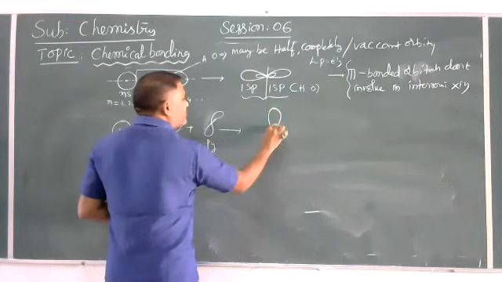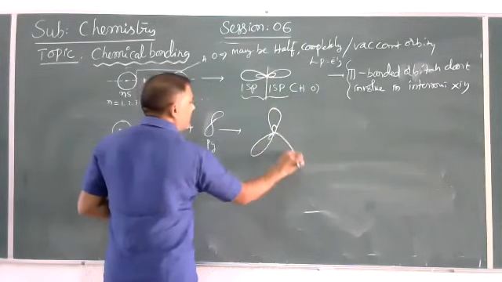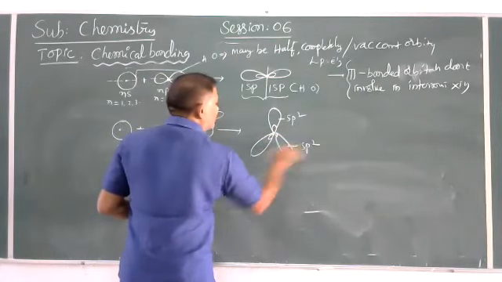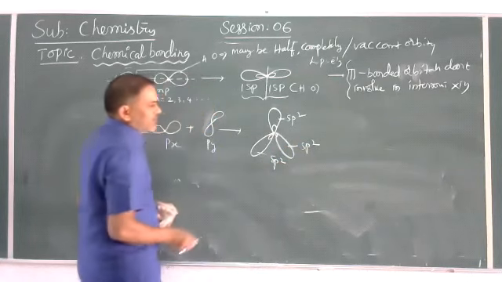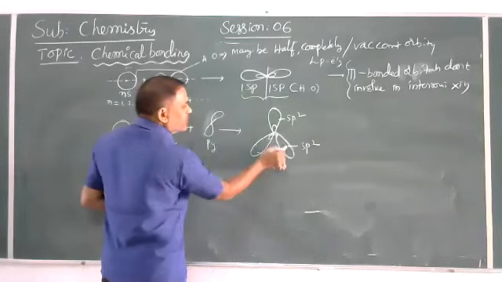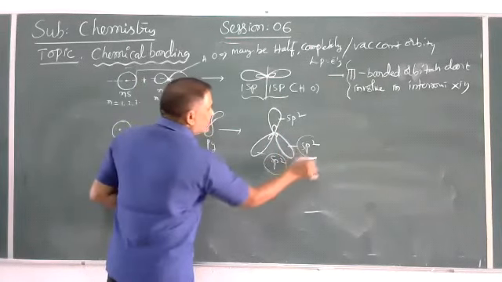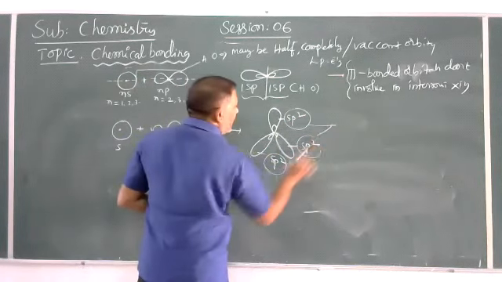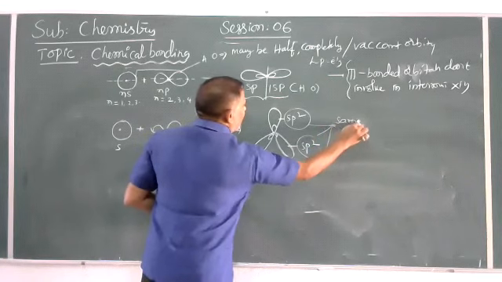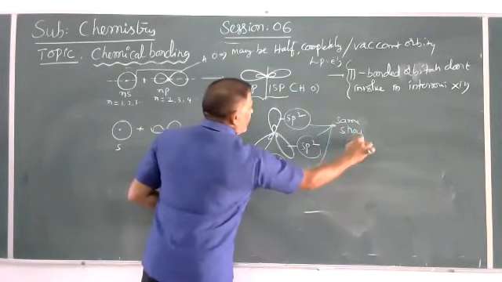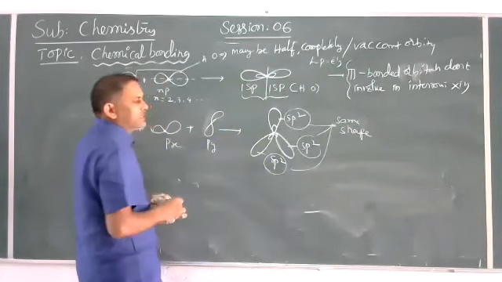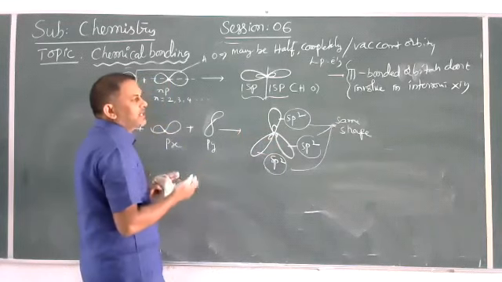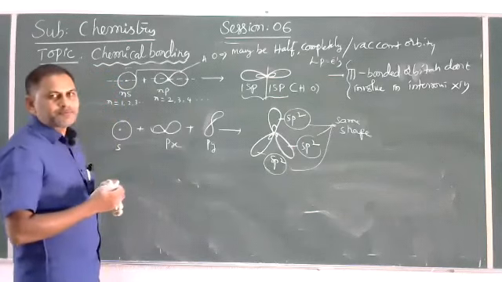Here it is sp2, in sp2 hybridization. All three sp2 hybridized orbitals have the same energy and the same shape. Based on their hybridization and their lone pair concept, we can decide the geometry of the molecule.